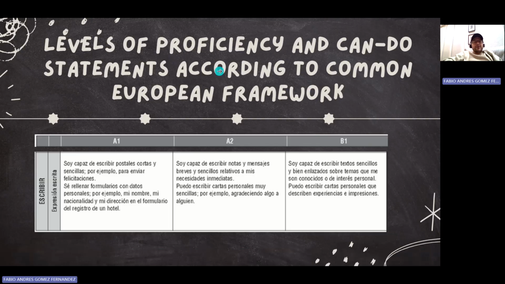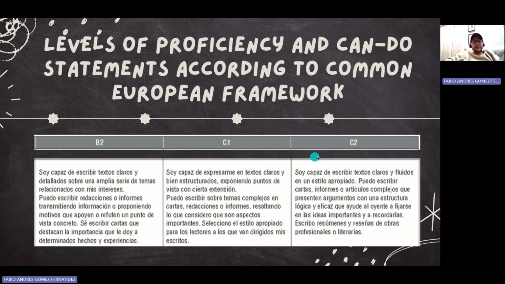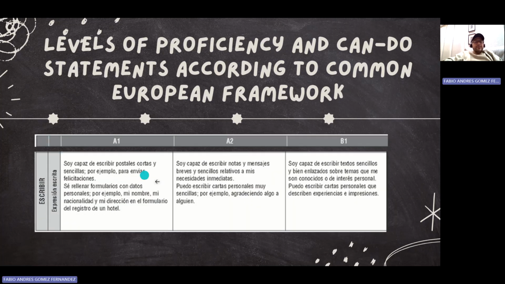Let's also rapidly talk about the levels of proficiency and can-do statements according to the Common European Framework. And as you know, we can find A1, A2, B1, and also B2, C1, and C2 levels. And well, this is in Spanish because it was taken directly from the Common European Framework document, which is in Spanish.